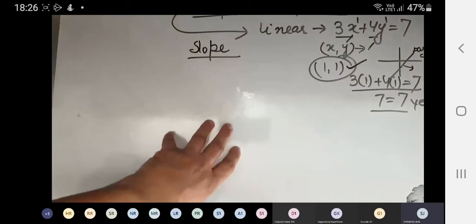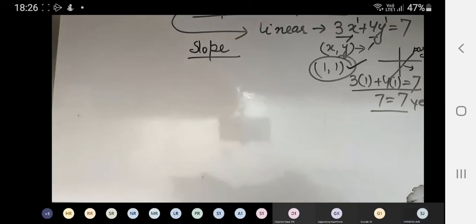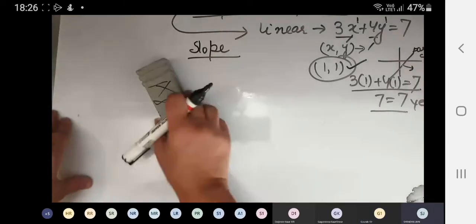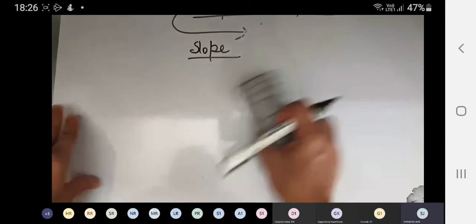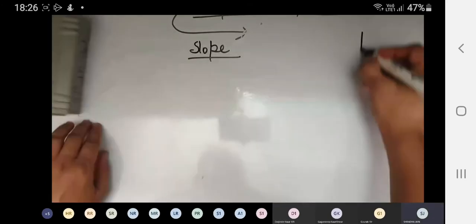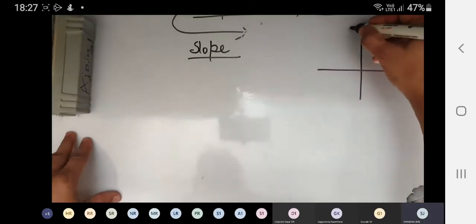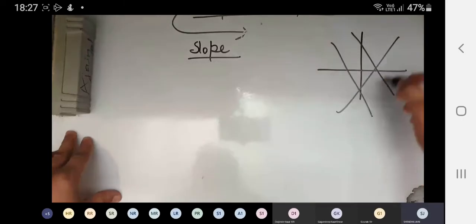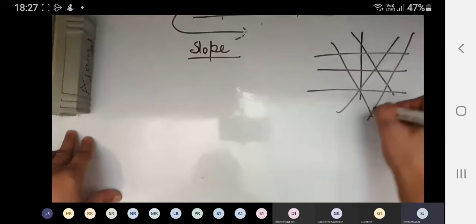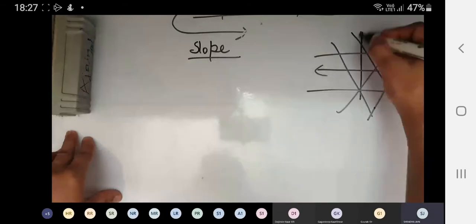What we did in the previous class is that, Gaurav? What we learned in the previous class about the slope is that whenever a line is inclined, any kind of line, there are a number of lines that can be drawn in the coordinate plane.